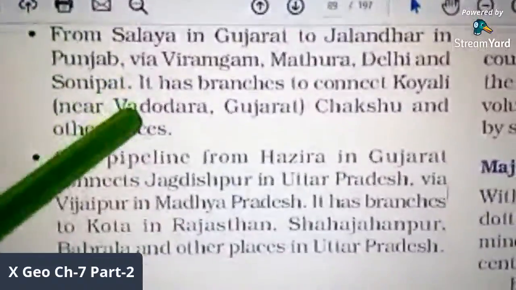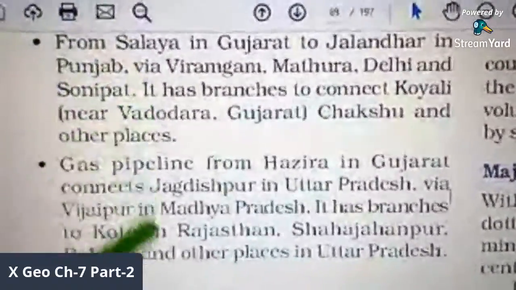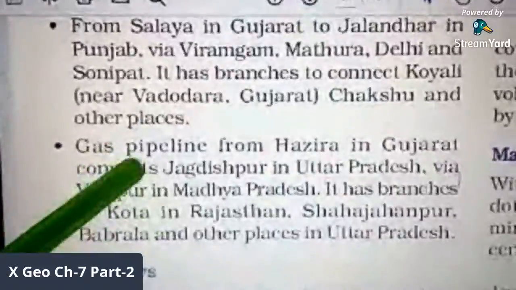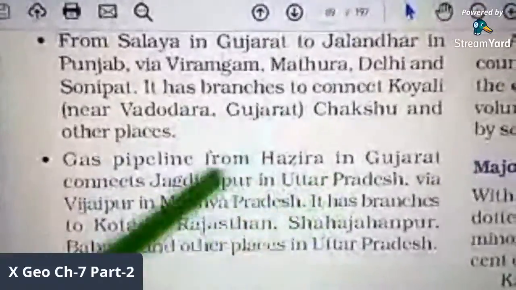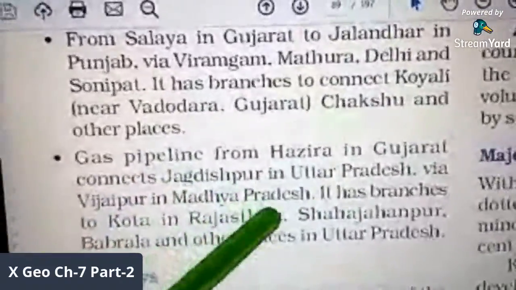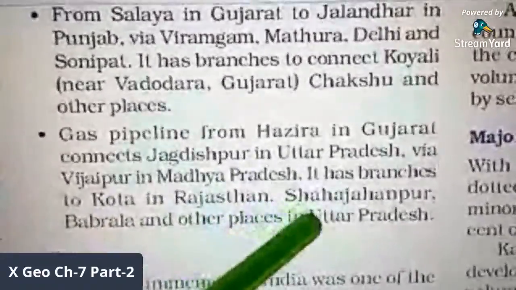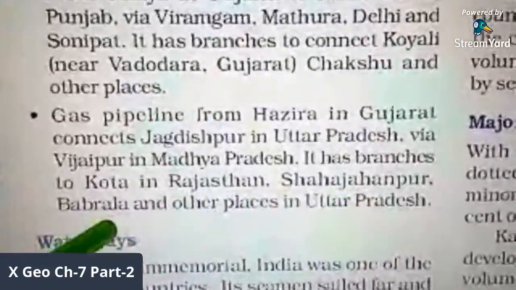So this is the second pipeline network of our country. The third pipeline network is the gas pipeline from Hazira in Gujarat, which connects Jagdishpur in Uttar Pradesh via Bijaipur in Madhya Pradesh. It has branches to Kota in Rajasthan, Shahjahanpur, Babrala, and other places of Uttar Pradesh.